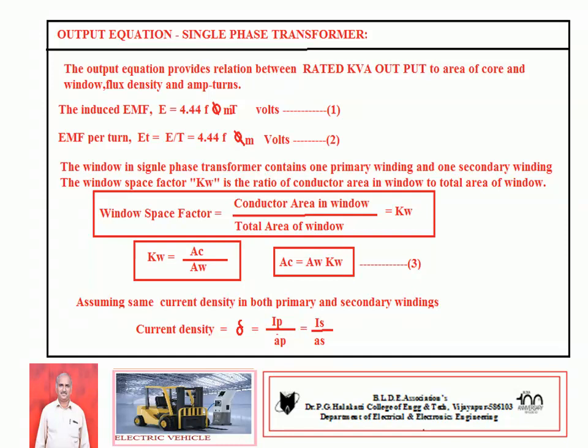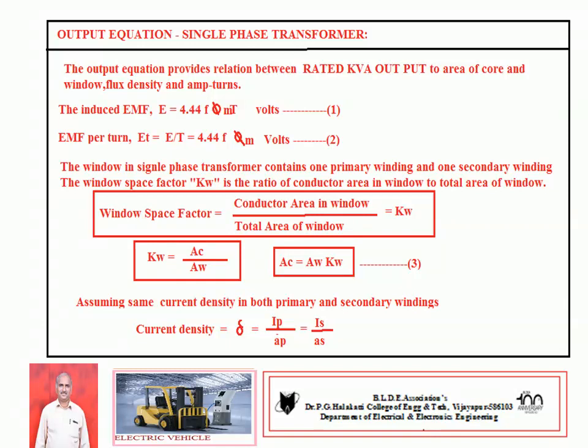We know that the induced EMF E equals the standard expression 4.44 times F phi m into T. It is the basic expression we already know; call it equation number 1.